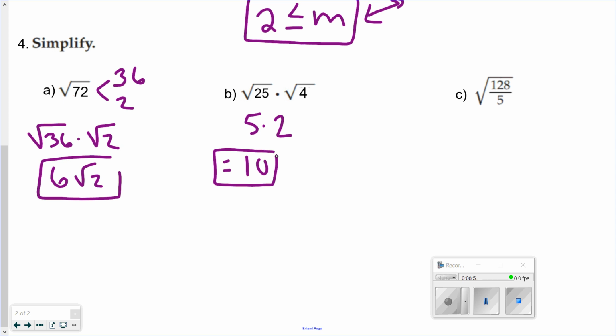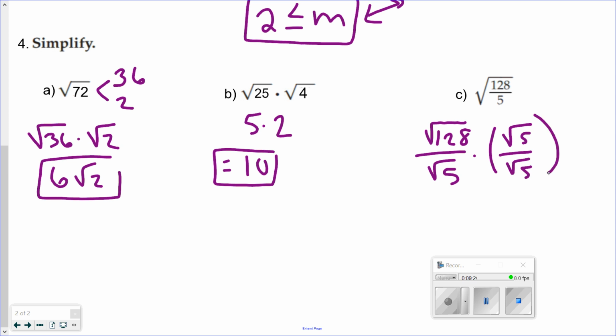All right, so I have a division problem here. So my first step is to split up the fraction. I have a radical in the denominator. 5 is not divisible by any perfect square, so I need to get rid of that radical in the denominator, and I do that by multiplying by a form of 1, which in this case is going to be the square root of 5 divided by the square root of 5.